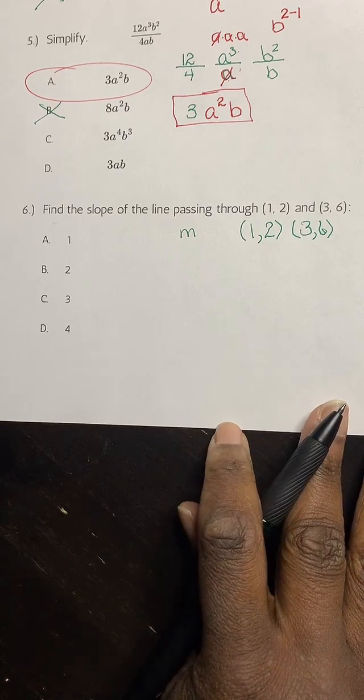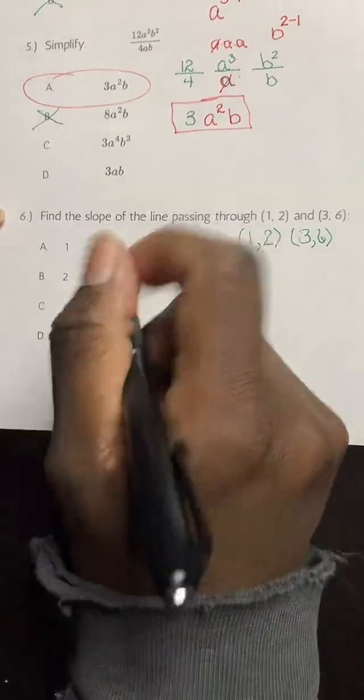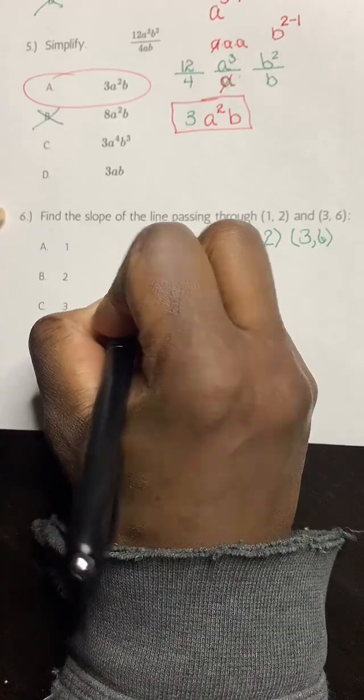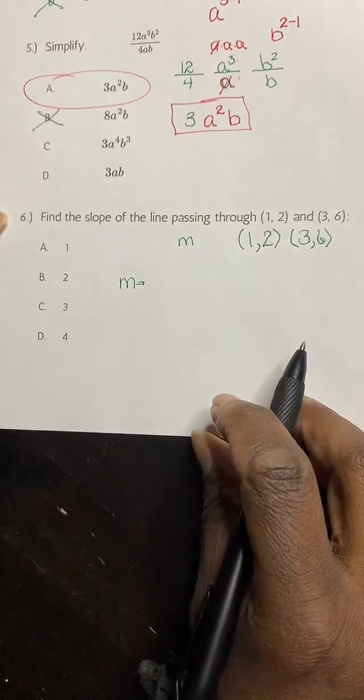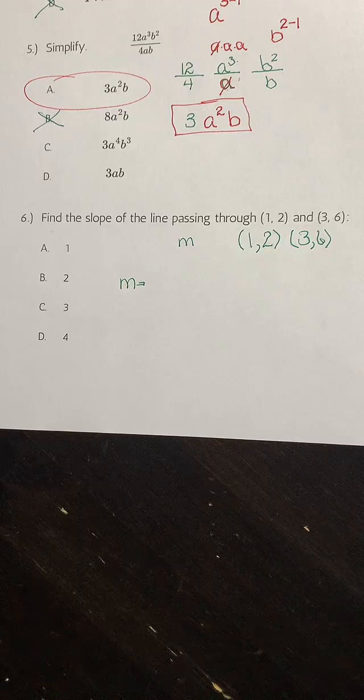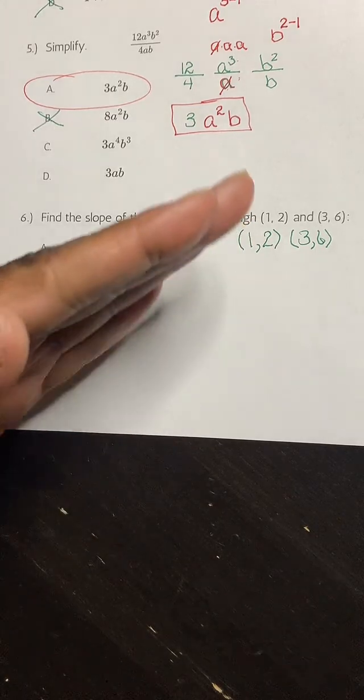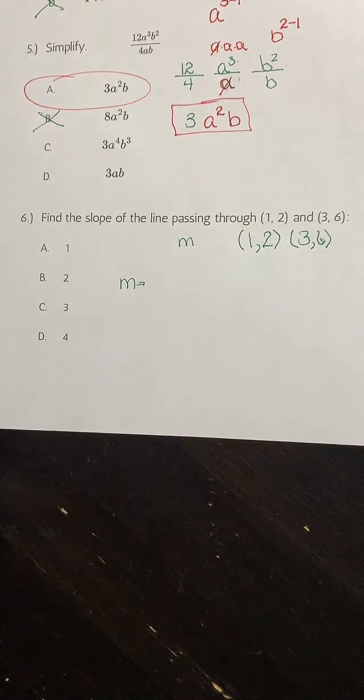Now, when we're finding slope, slope is basically your gradient. Have you ever walked up a hill, and all of a sudden there's a major incline and you're like, ouch. Why is this hill here?